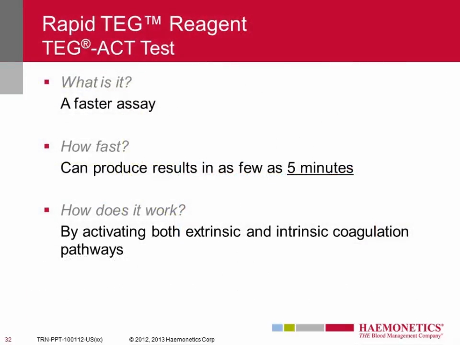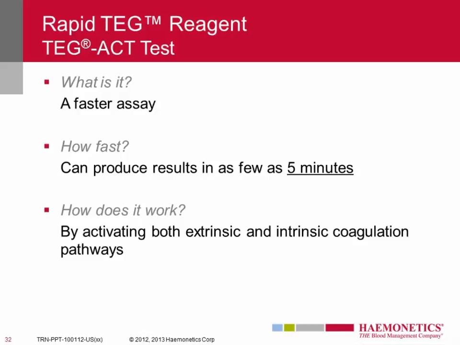Now I'm going to show you some tracings here. We're going to talk about rapid TEG first. Okay, rapid TEG is what you're going to be using in your trauma patient population. And instead of an R value here, you're going to have a value called ACT in that place. And what that is, activated coagulation.